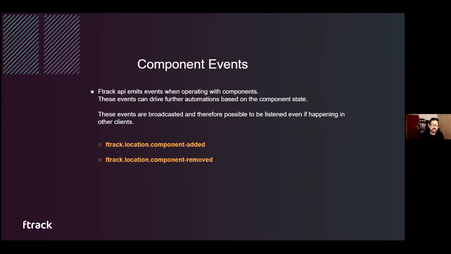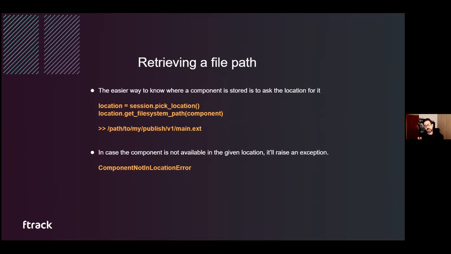So now let's look at how to actually do something useful with the location. So how to retrieve a file path. First off, the API will provide you a really easy way to pick your current location, which is the pick location. Pick location will return the highest priority. We're going to look more in detail at these things in a bit, but that's basically your main location.